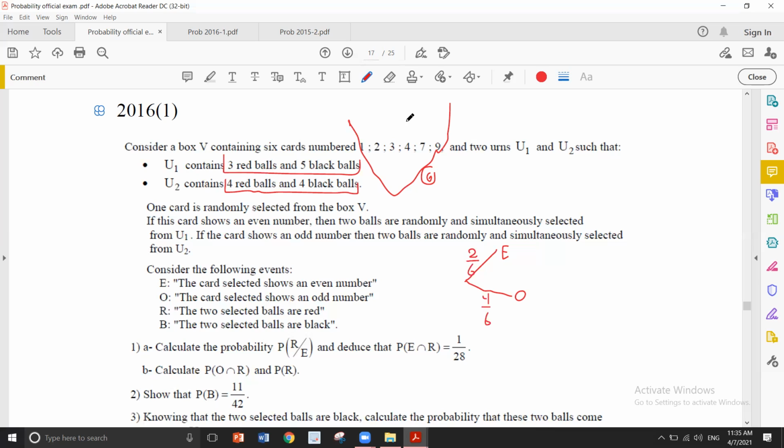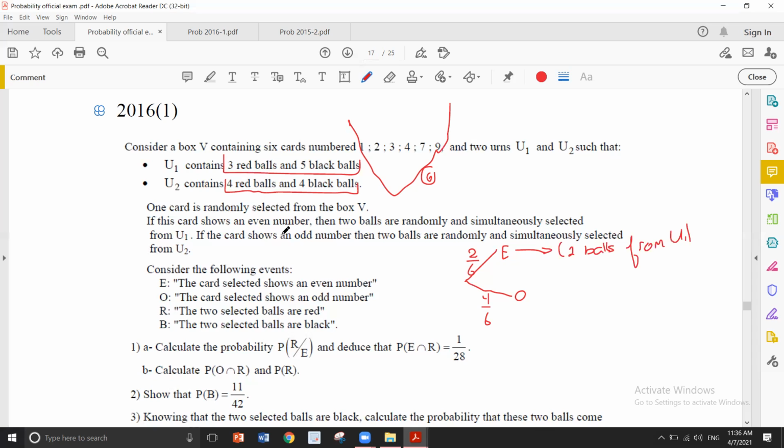So first we select a card from V. If this card is even, then we choose 2 balls from U1 simultaneously.